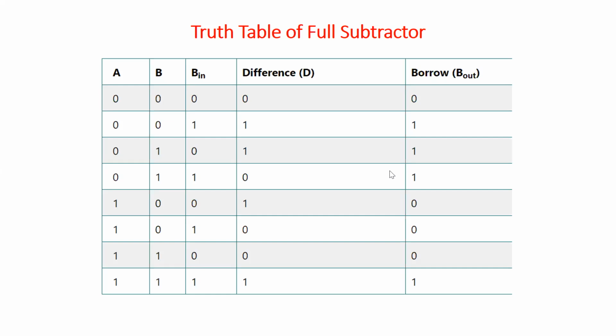Now the K-map. Can you try? Yes, ma'am. So here, 3 inputs will be there. What you want to do is, whichever way is comfortable, you can take 2 on this side and 4 on this side.